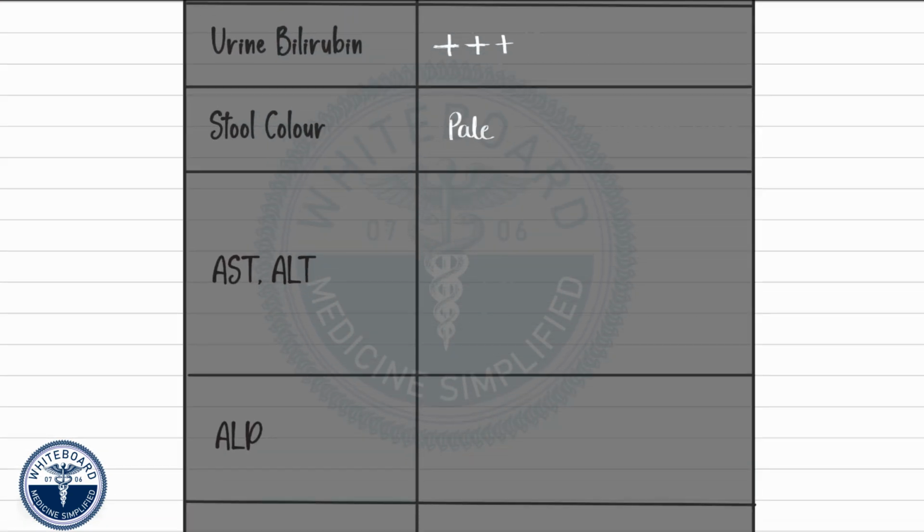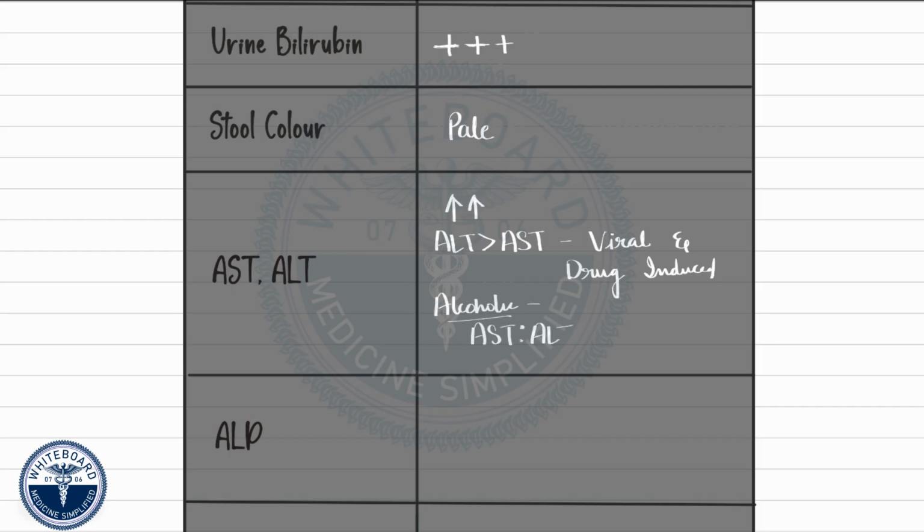The liver enzymes, AST and ALT, are markedly elevated due to liver damage. ALT is more specific to the liver. In most cases of acute hepatitis, for example viral or drug-induced, ALT is typically higher than AST. But in case of alcoholic liver disease, the AST to ALT ratio is often more than 2:1.